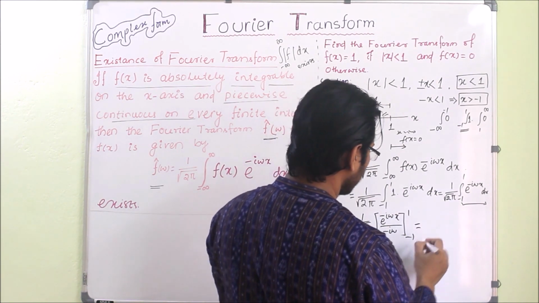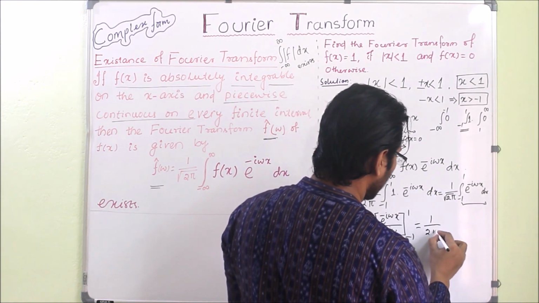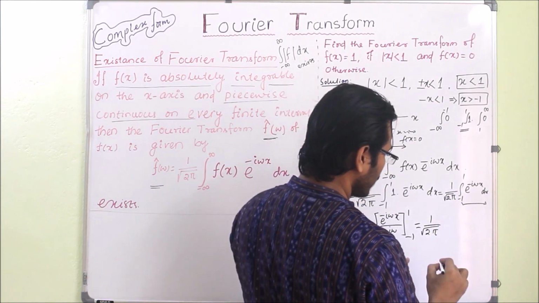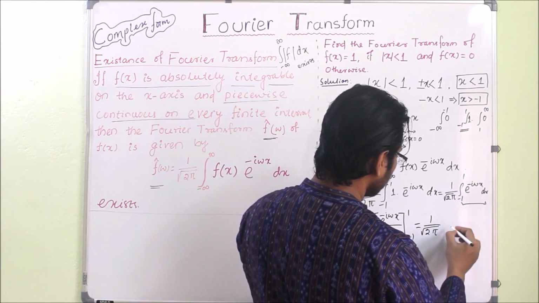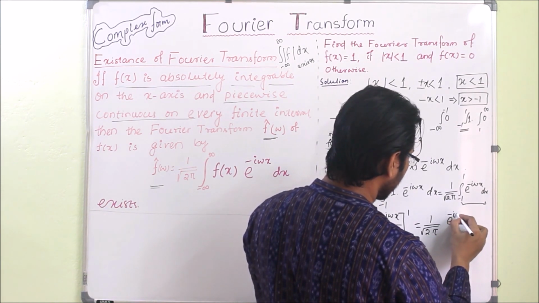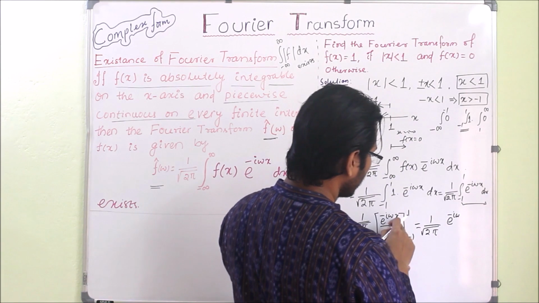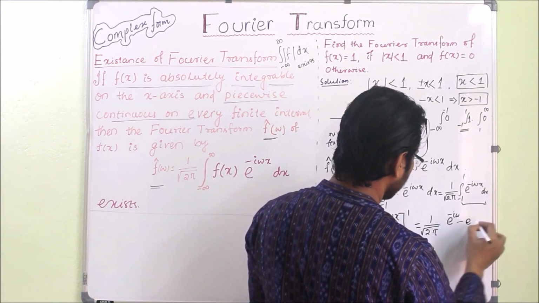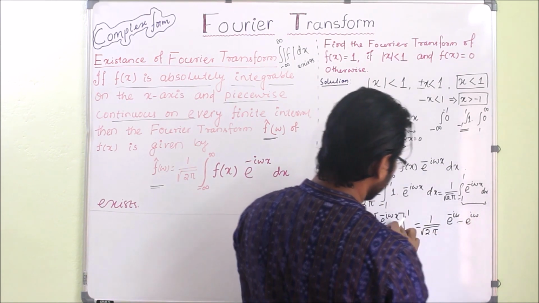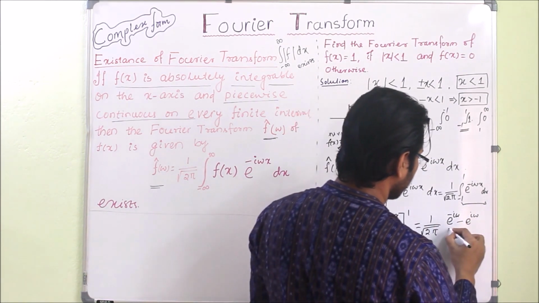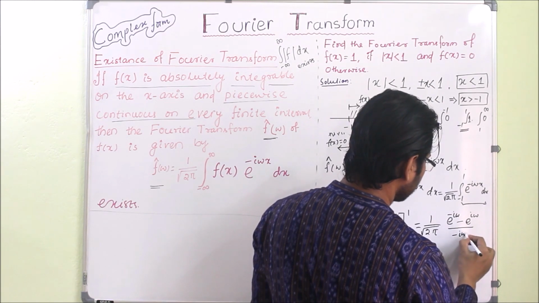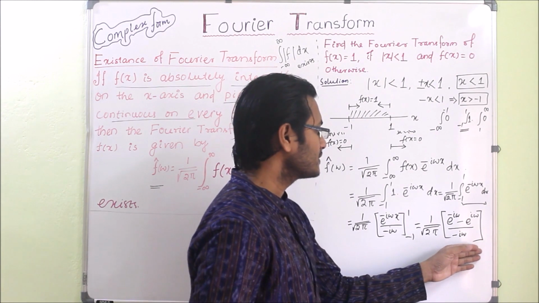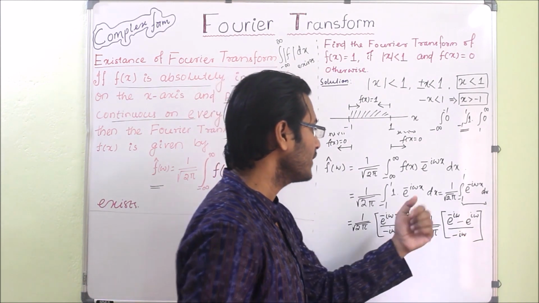So if I put the limit, the final form will be 1 by square root of 2 pi into e to the power minus iw, because we are putting x value 1, then minus e to the power iw, because x is minus 1, divided by minus iw. This expression also gives the answer, but you can simplify it.